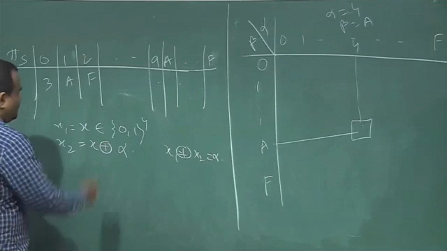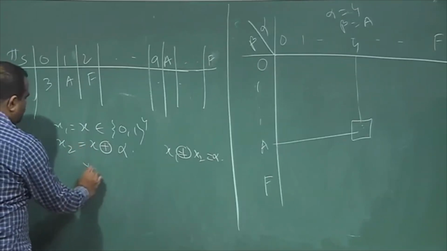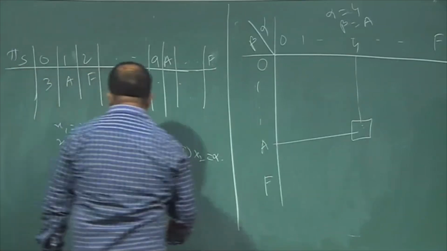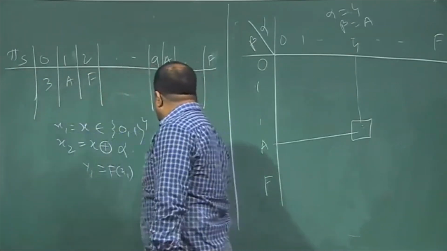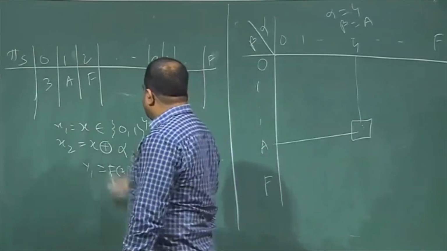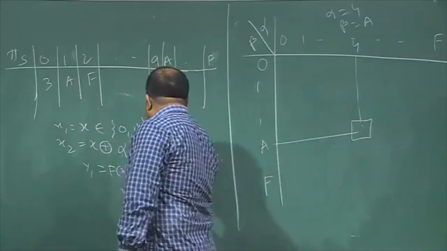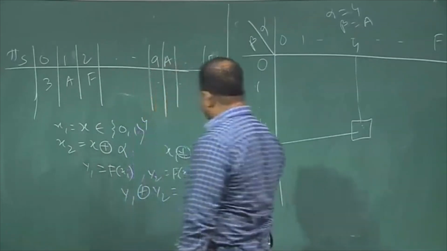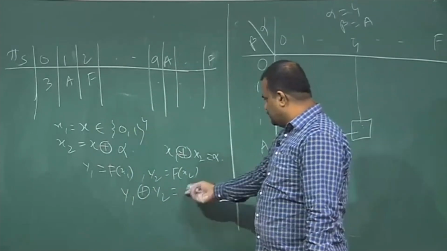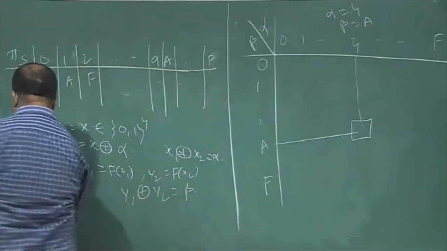Okay. Now we compute the S box. We compute y1 as f of x1, and y2 as f of x2. Here the f function is just the S box. Then we compute y1 XOR y2. It has some value, say beta, so we have a.